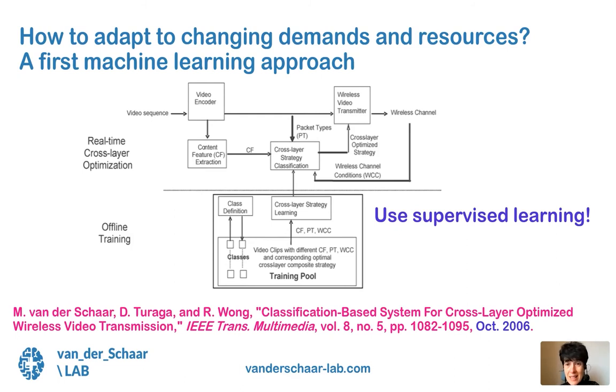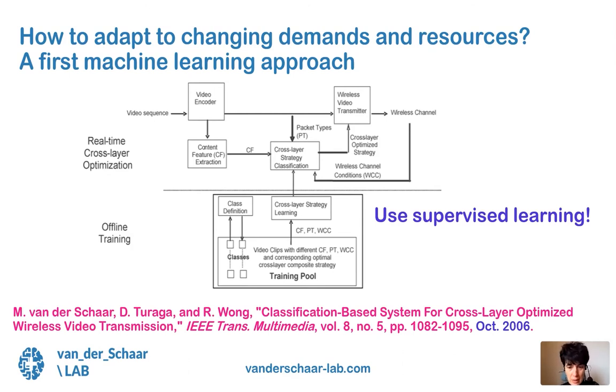This represents the training set that is provided to the transceiver and which has as label the cross-layer strategy. So this is multi-label classification. And this particular classification problem can then be used to train supervised learning solutions.